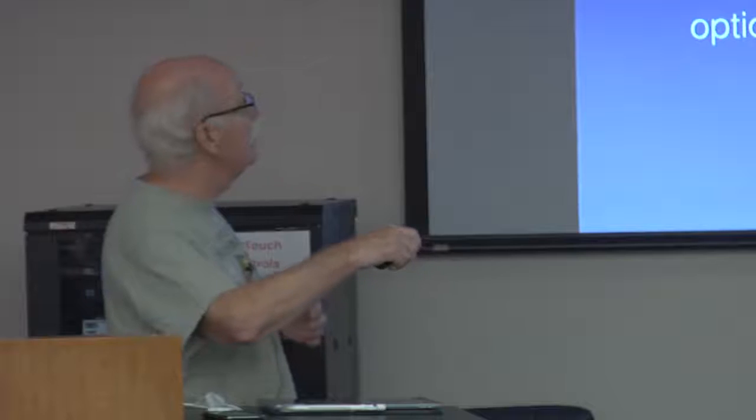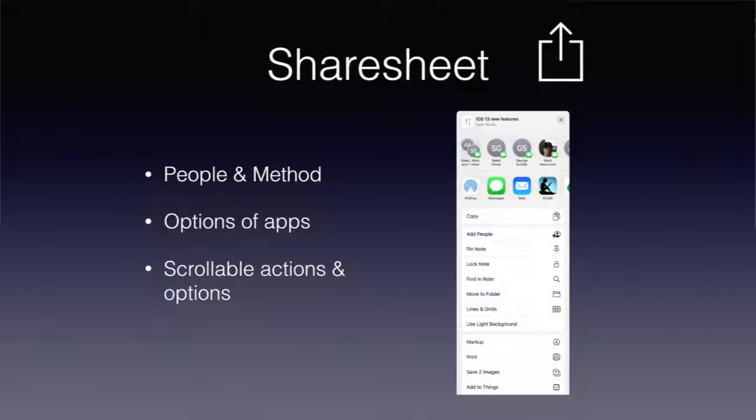It now has one row of people, so when you select a person, it's going to then text it or email it or airdrop it. The next one is what apps you want to share it with, and there's a whole list out here, and it differs depending on what it is you're trying to share.